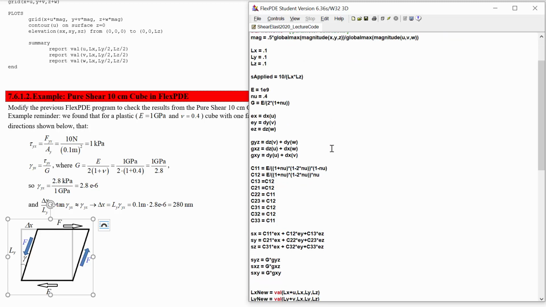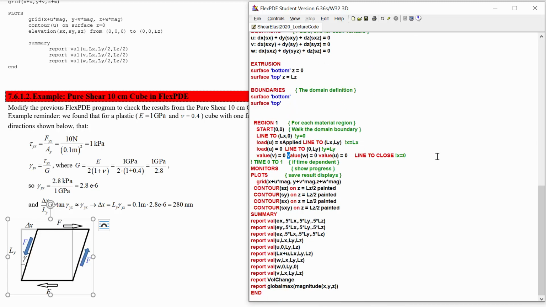Okay, and now we need to change how we're applying this stress. So to put it into pure shear static equilibrium, we are going to say that the bottom surface is totally fixed. Value u is 0, value v is 0, value w is 0.